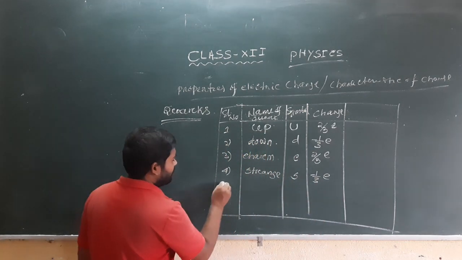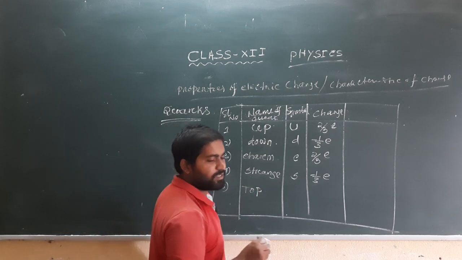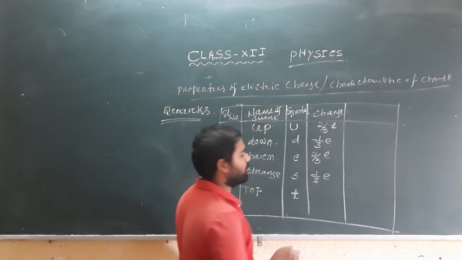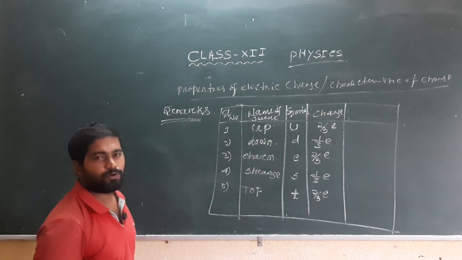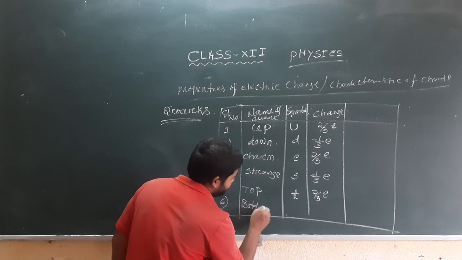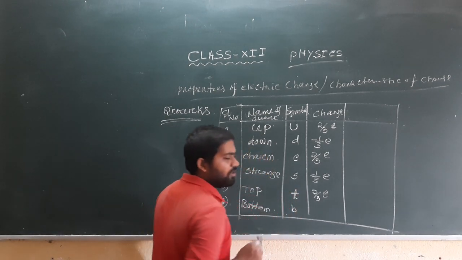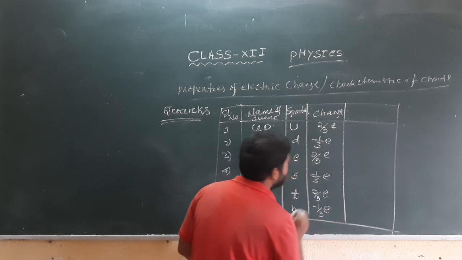Number 5 is the top quark, symbolized as small t, and the charge of a top quark will be 2 by 3 times the charge of one proton. Number 6 is the bottom quark, small b, and the charge of the bottom quark will be minus 1 by 3 e.